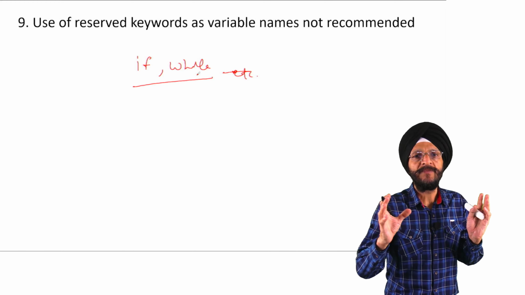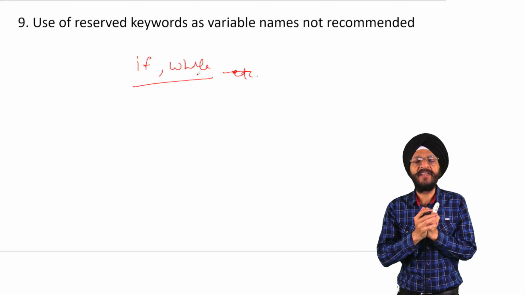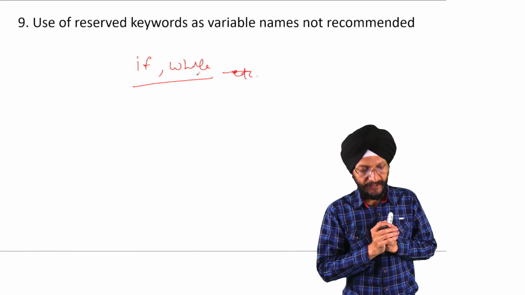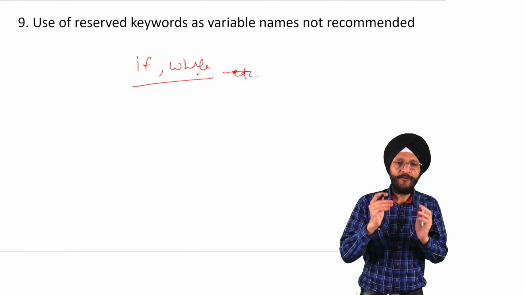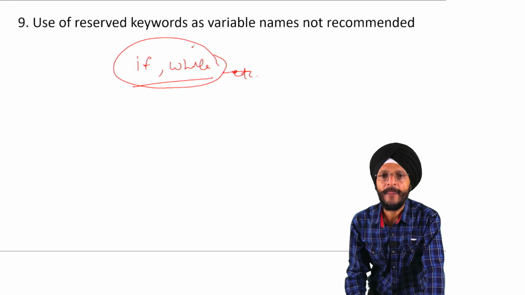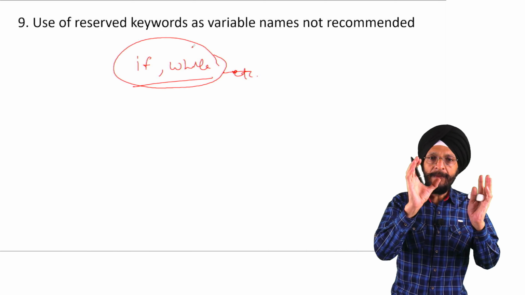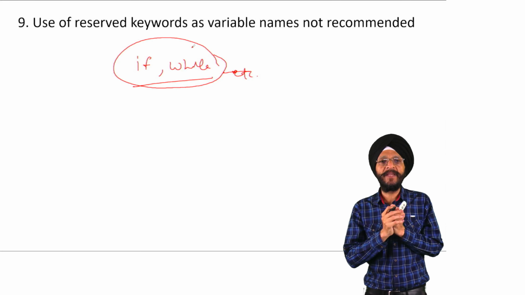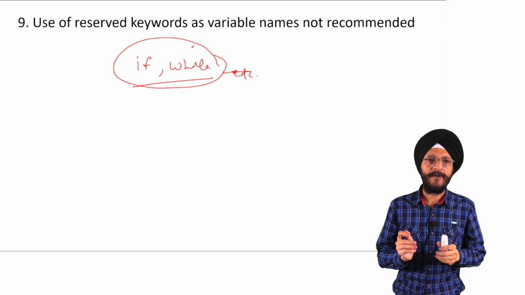You can find the list of reserved keywords on Python's official website. If we use these reserved keywords while naming the variables, it may result in unexpected behavior or a syntax error.